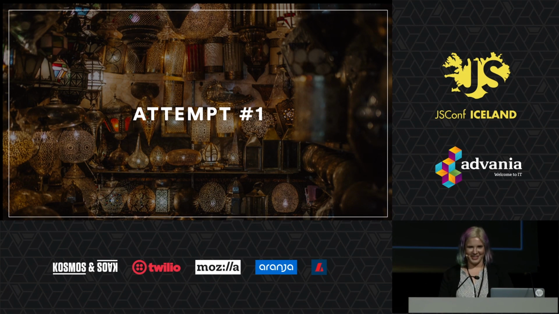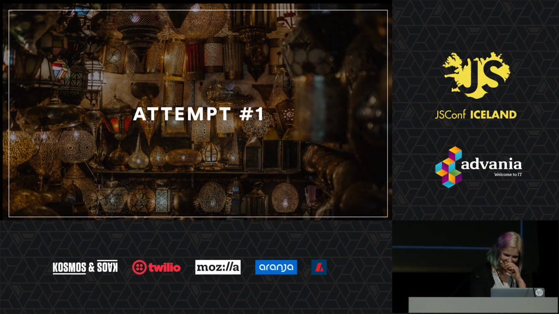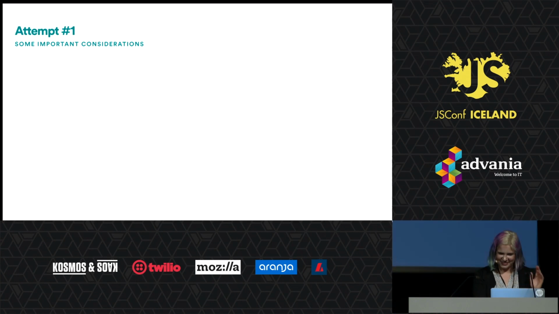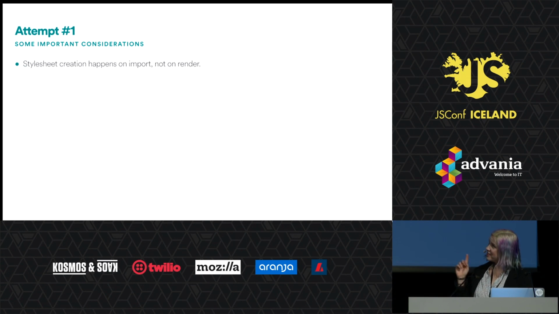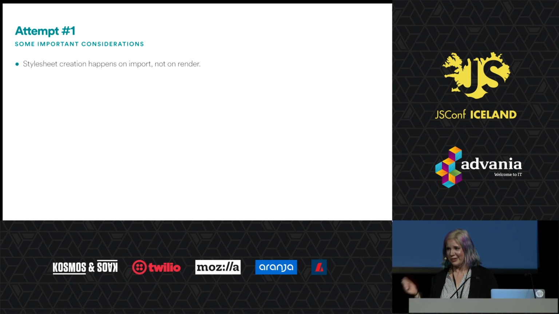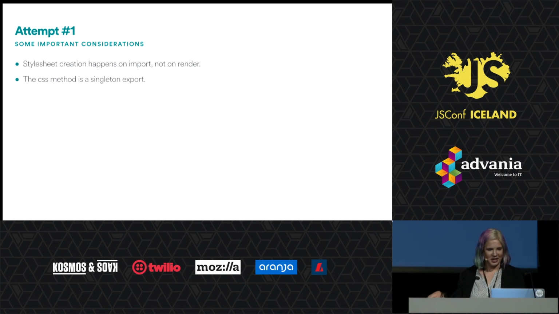So, attempt number 1. You gotta love the number 1 because you know it's not the final one. We noted a few things that informed this attempt. So, 1, style sheet creation happens on import, not on render. This means that when we call that method, we don't have any access to React context or other variables.